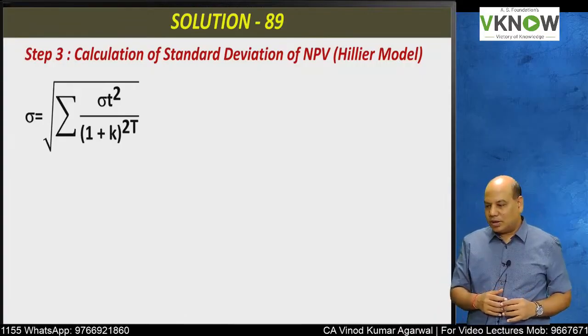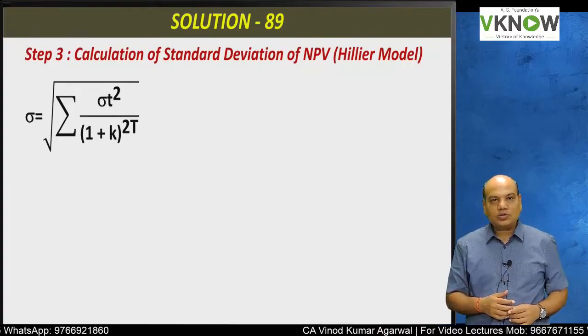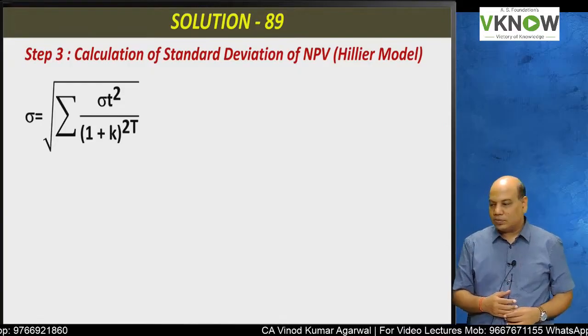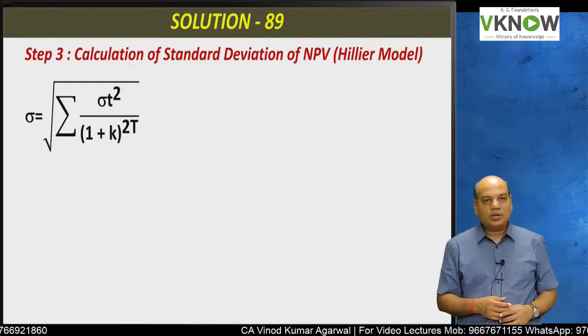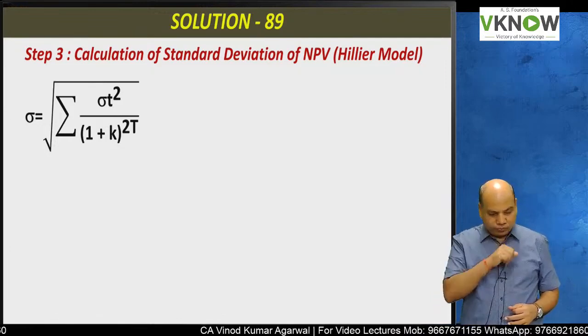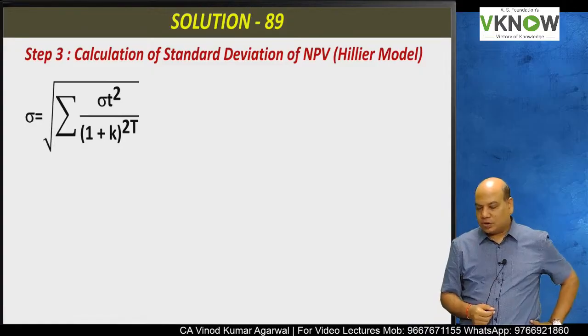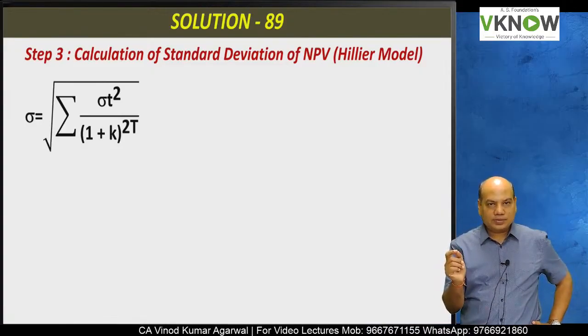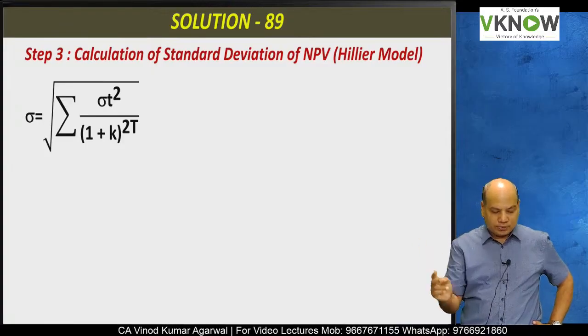Sigma equal to under root summation sigma t square upon 1 plus k to the power 2t. I have already computed sigma t square for year 1, 2, 3.